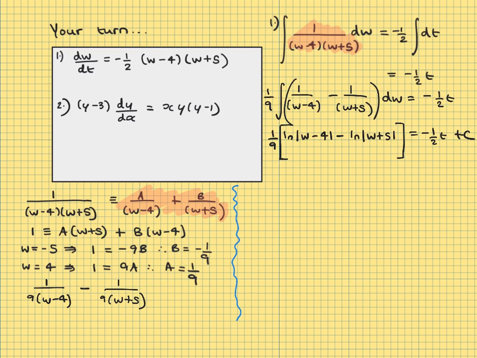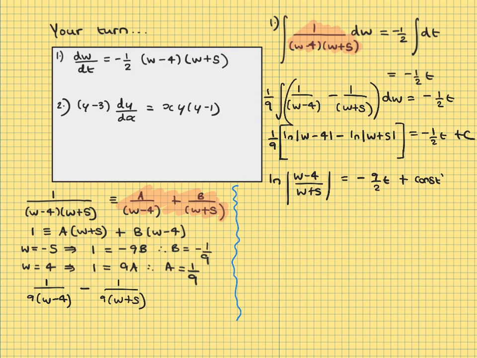I'm going to multiply both sides by 9, so I have ln, and on the left hand side I'll combine my logarithms like this, and on the right hand side I've got negative 9 over 2 t plus a constant. Again, it'll be 9 times the value of the previous constant, but it's still a constant.